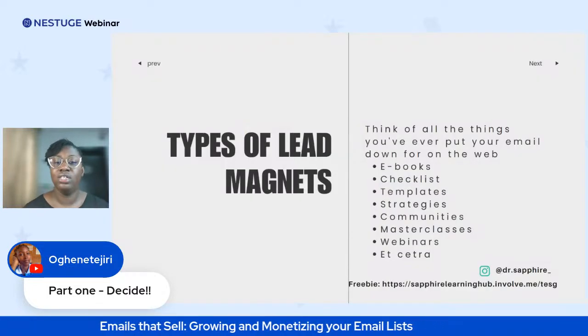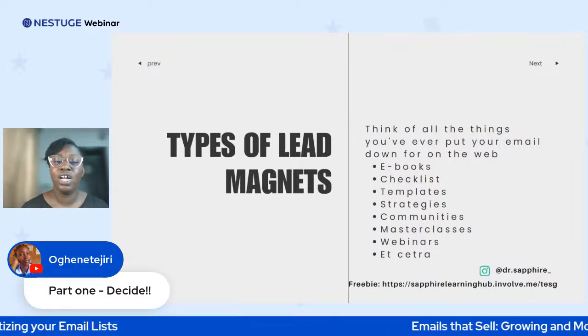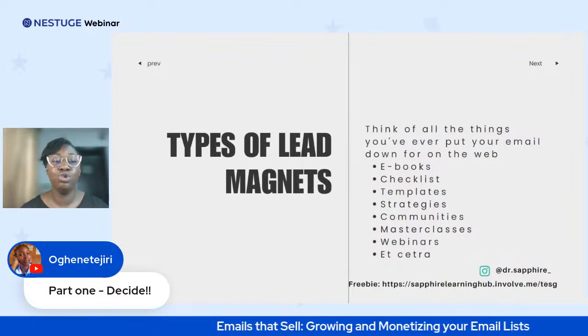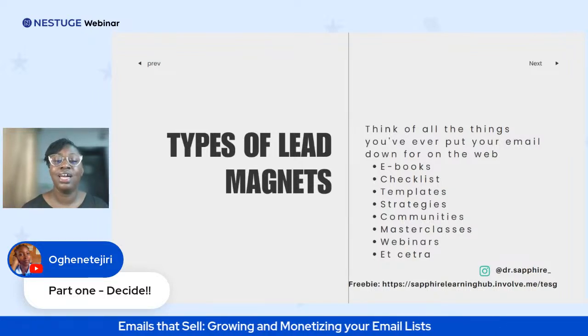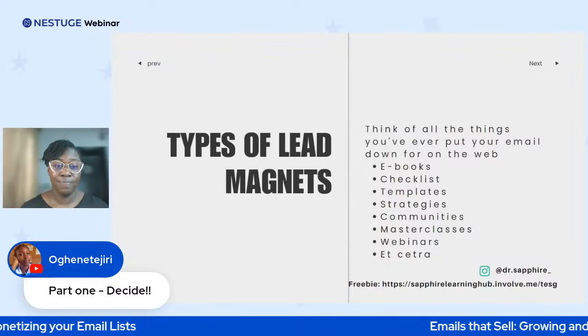Because in deciding how you want to give it out and who you want to give it out to, you need to consider certain factors. But before that, let's look at types of lead magnets. There are so many lead magnets. The truth of the matter is that anything can be a lead magnet, from your idea to your community to even your strategy, your templates, ebook, webinars, masterclasses.